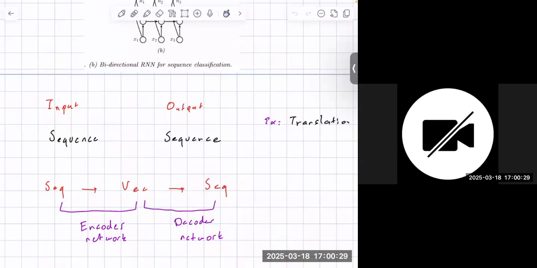And then they get translated to a vector inside your model, and that vector gets translated back to German, okay? That's sometimes called encoder-decoder structure. You go from sequence to a vector, that is your encoder, and your decoder takes that vector, turns it into another sequence. This is how usually sequence to sequence stuff goes.